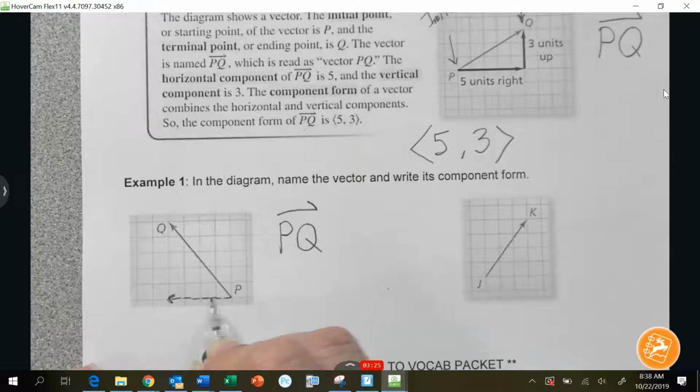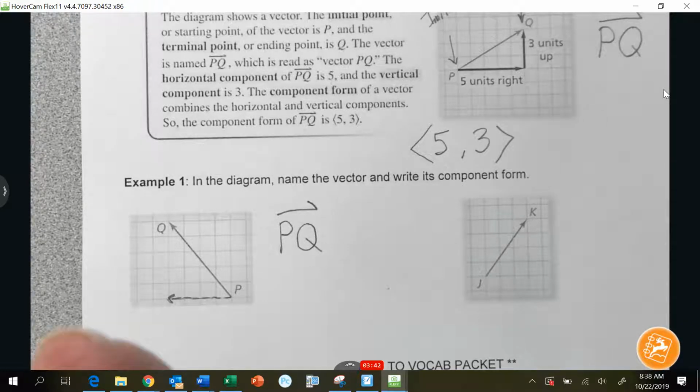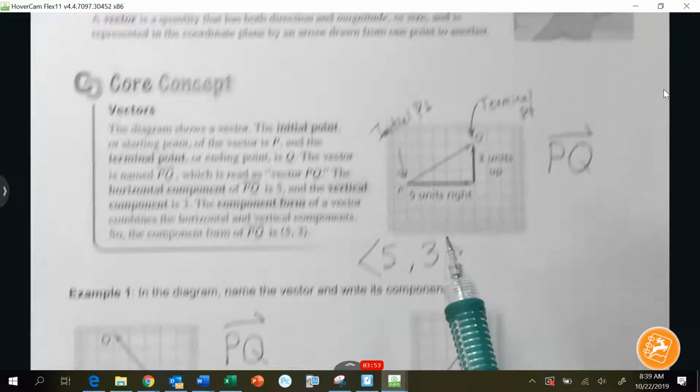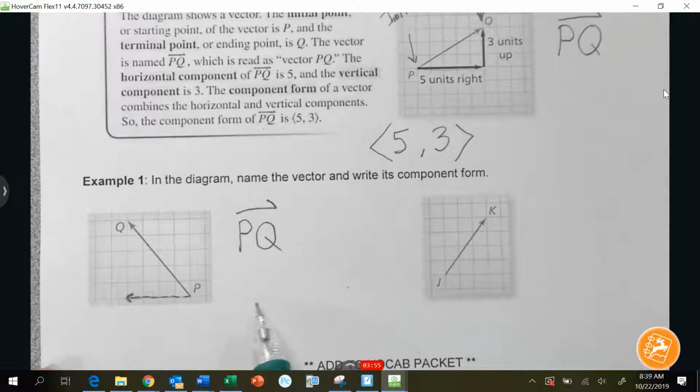Now this is a tricky one. So I'm going to call on David. You're almost right. How would I know which 4 we're going? How would I know left or right? If I say 4, how do I know if I'm going left or right? Because I want to go left. Up here it was 5 and I went to the right. So 4 should mean right.